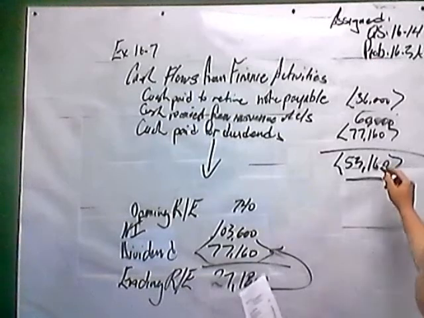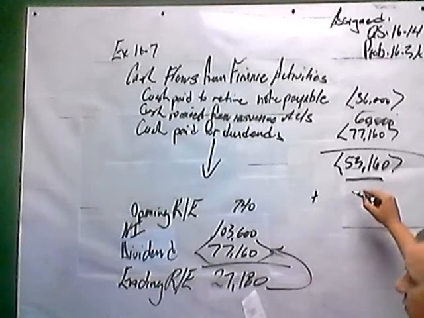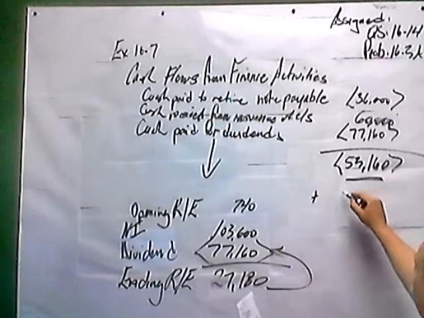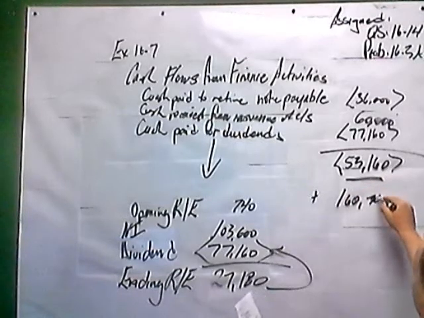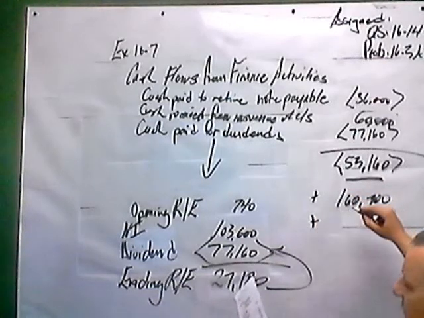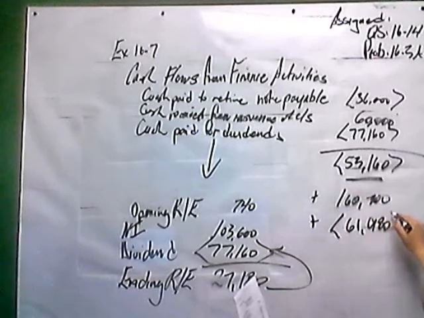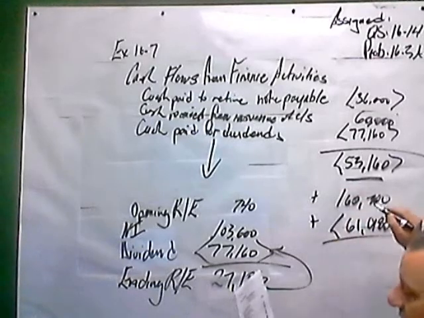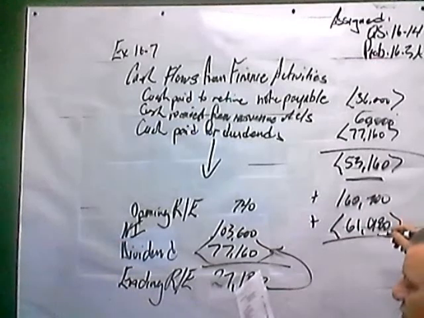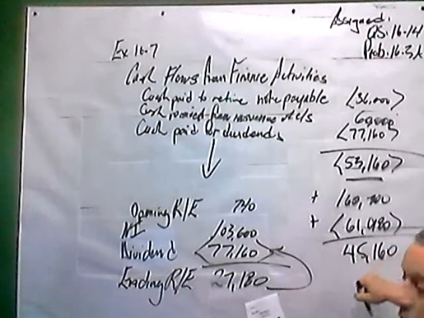So all we've got to do is take this number, add in our operating activities of 160,300, add in our investing activities of minus 61,980, and we get a net increase in cash totaling 45,160.